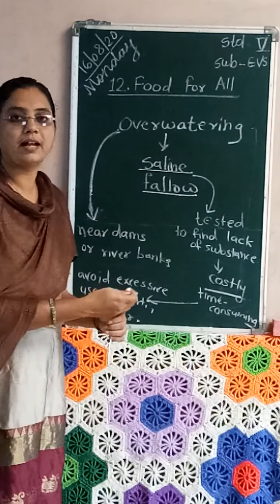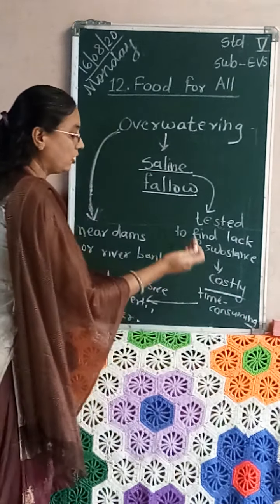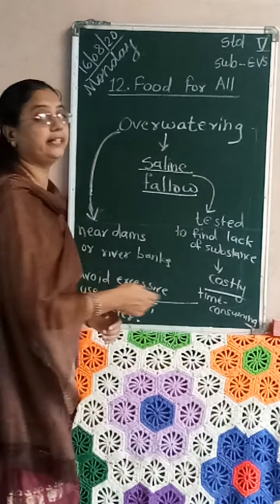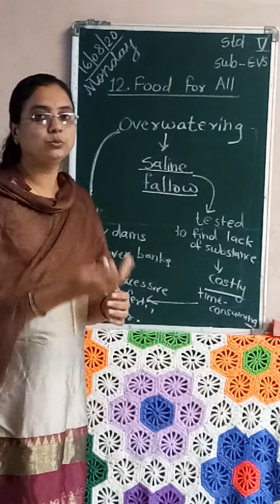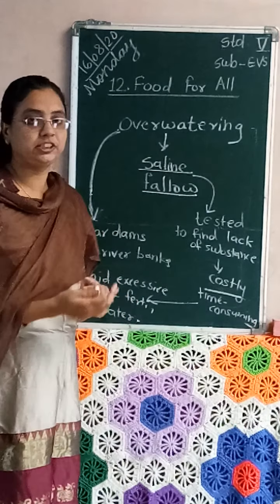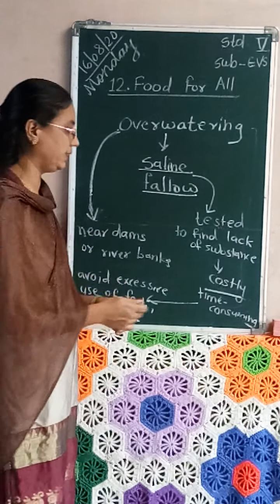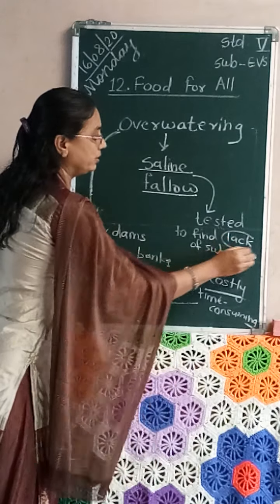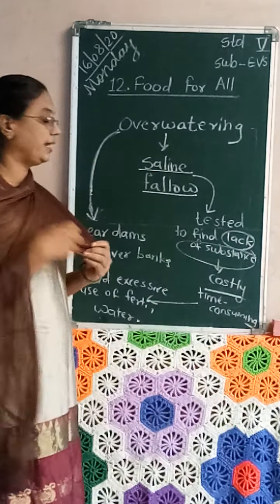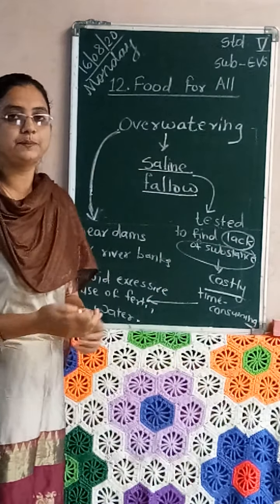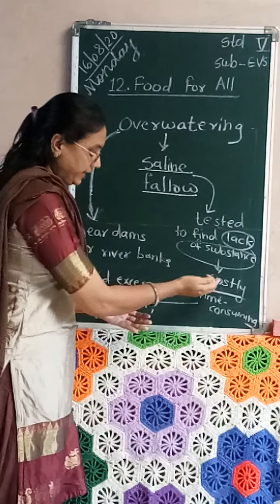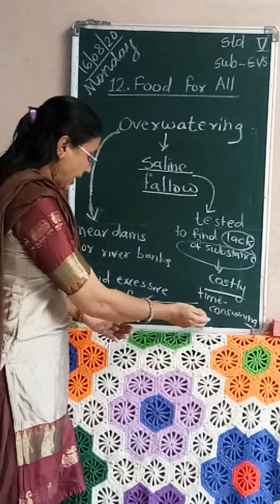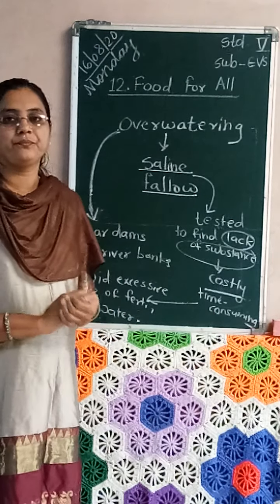It will require more money, and it is time consuming also. The farmer has to go to the laboratory, check, collect the result, then come to know the lack of the substance, then again buy the substance which the land is lacking. So it is very costly and time consuming.